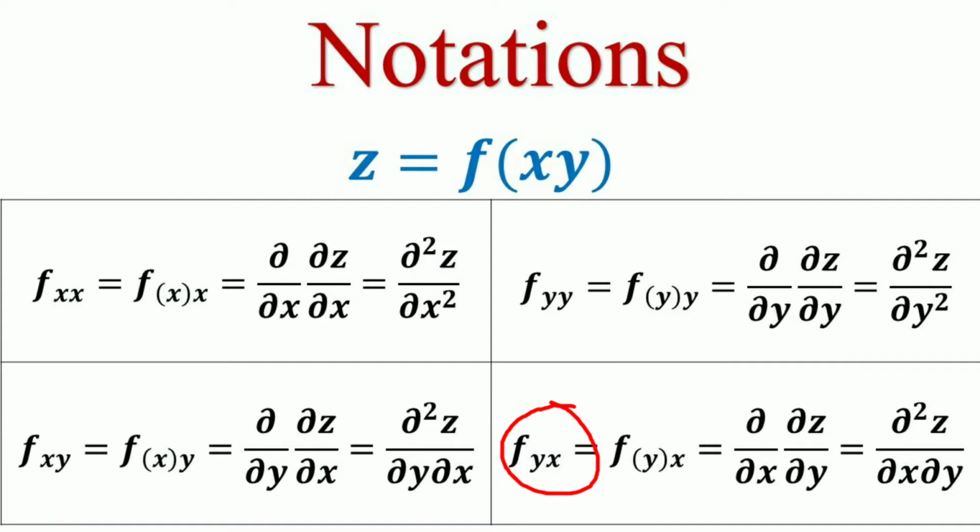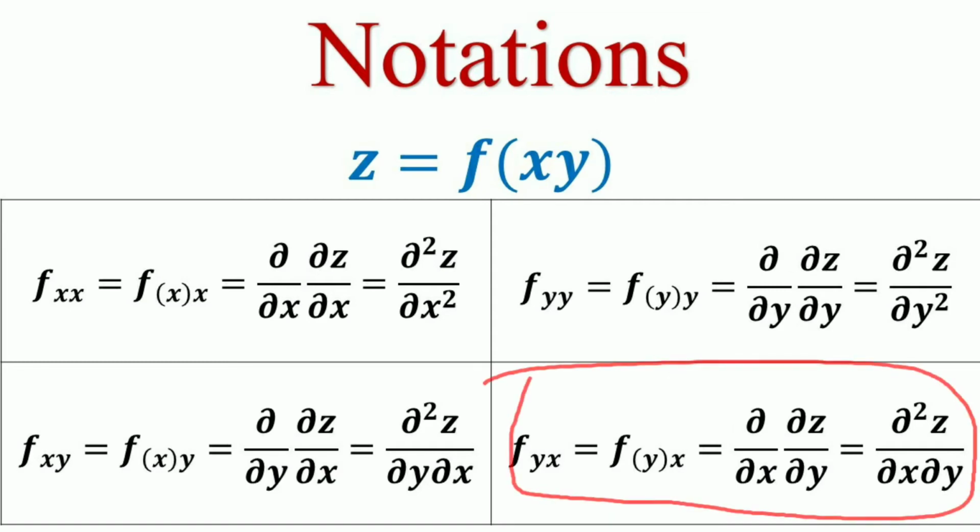Similarly, the cross partial derivative f of yx measures the rate of change of the first order partial derivative f of y with respect to the other independent variable, that is x. So by using these notations, we can also explain f of yx, that is the derivative of the function z with respect to y and then with respect to x.